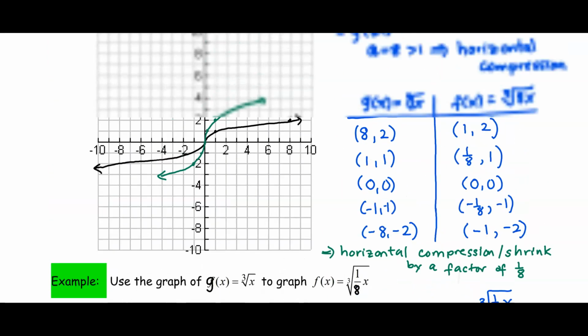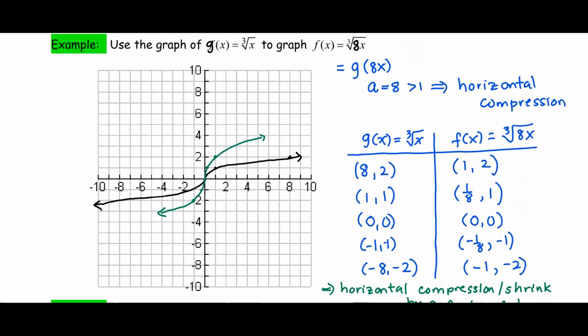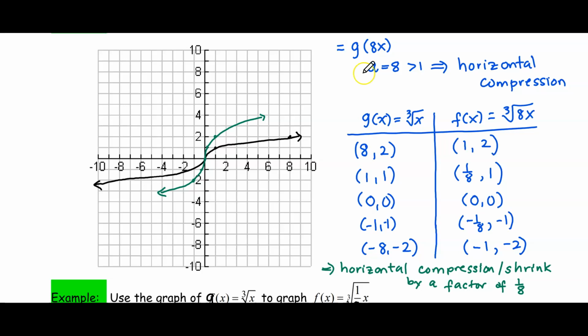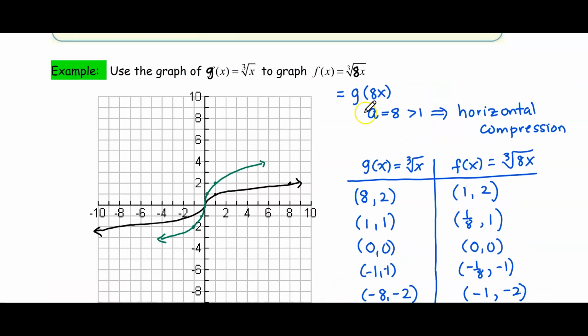And from the other example, since this is cube root of 8x, this is a whole number. This means we have a compression or a shrink by a factor of 1/8. And that 1/8 is the reciprocal of the number here. So for horizontal, the factor is the reciprocal of a.